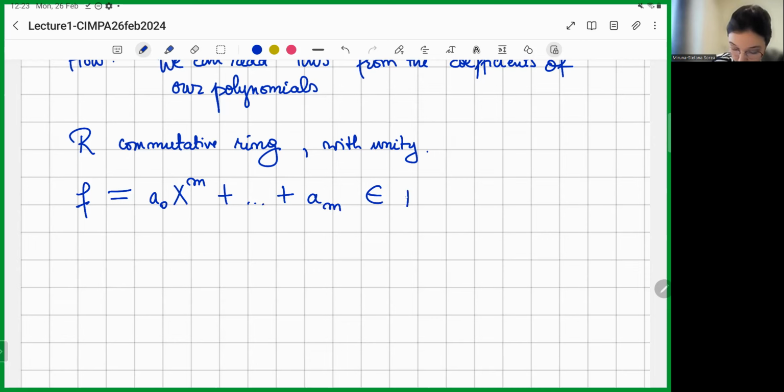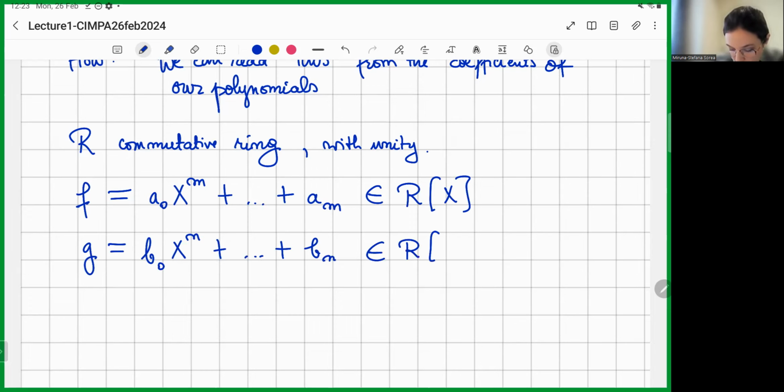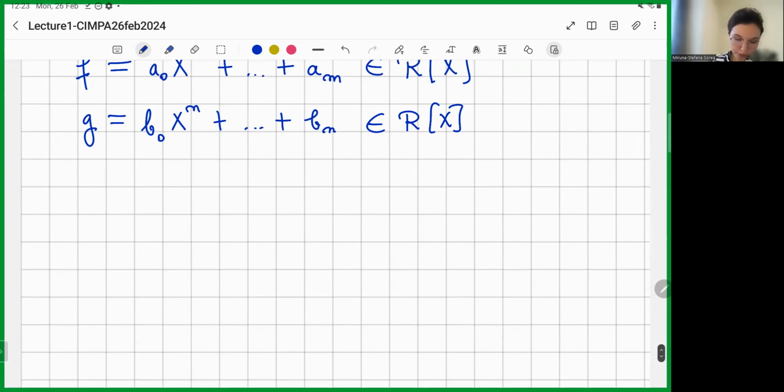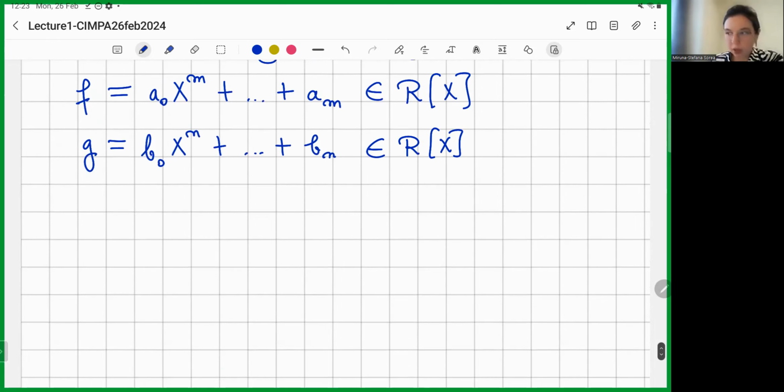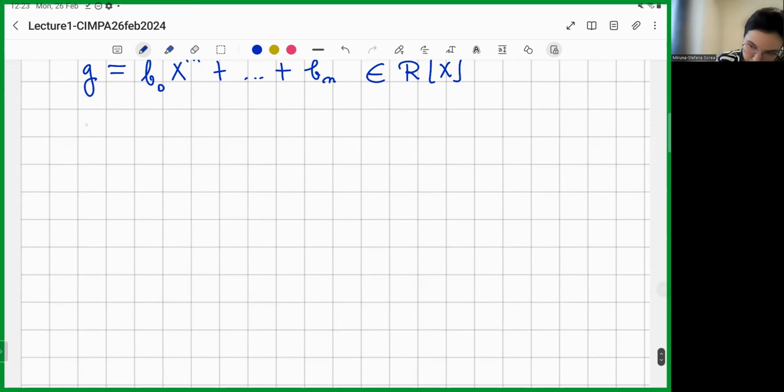So this is in the ring of polynomials with one variable x, coefficients in our ring R, and g, let's write b0 x to the n plus ... plus bn, again in this ring of polynomials. So we have these two polynomials. What we want to know is if they have a common zero. What will help us discover this is the resultant.